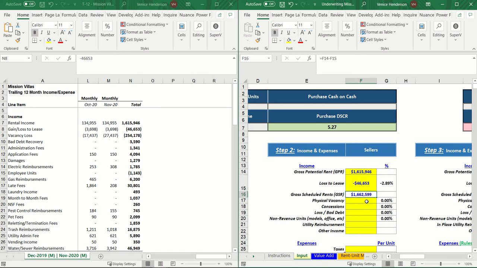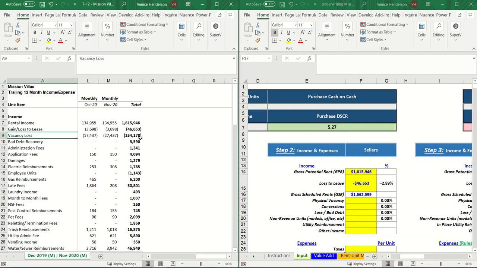So this is a field we're going to skip. Our physical vacancy. Oh, okay, so our physical vacancy, this is our vacancy loss, our physical vacancy. So they said it was 90%.